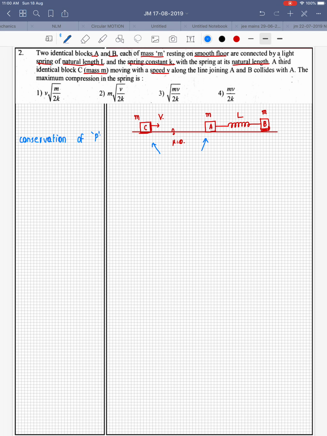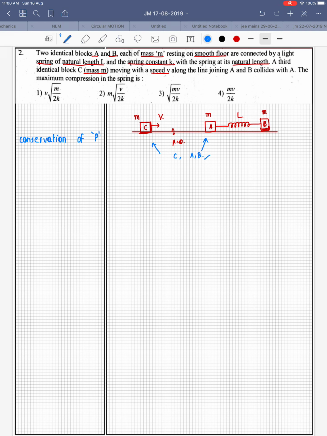Of course, there is a normal reaction between A and C, but that is an internal force when you take C, A, B as a single system. So, because there is no external force in the horizontal direction, I can conserve the momentum between the initial position and the final position.